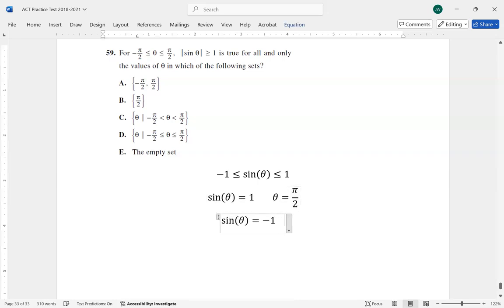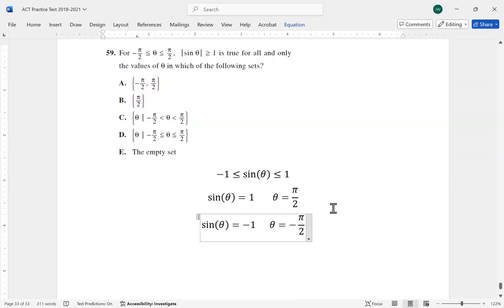If sine were to equal -1 on this interval, then that means my angle theta would have had to have been -π/2. I can figure that out by using inverse sine. I can use some other tools as well. Whoops, forgot the negative.